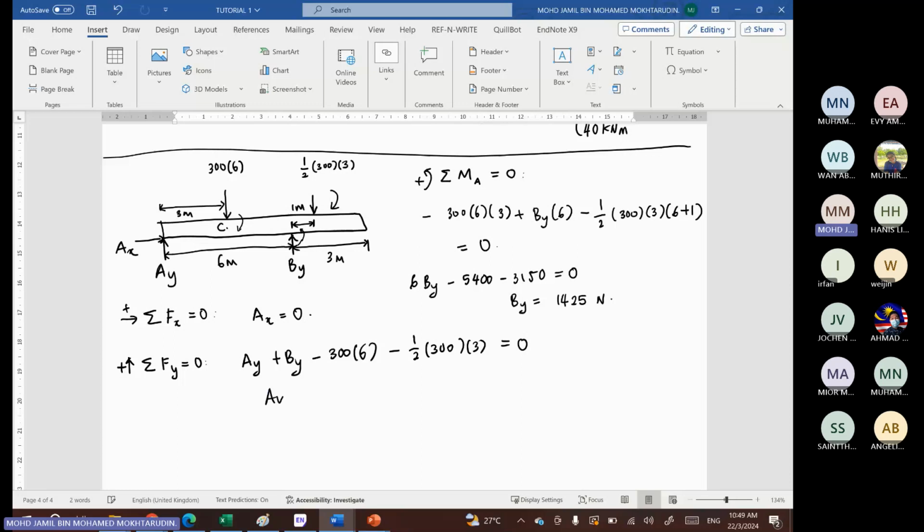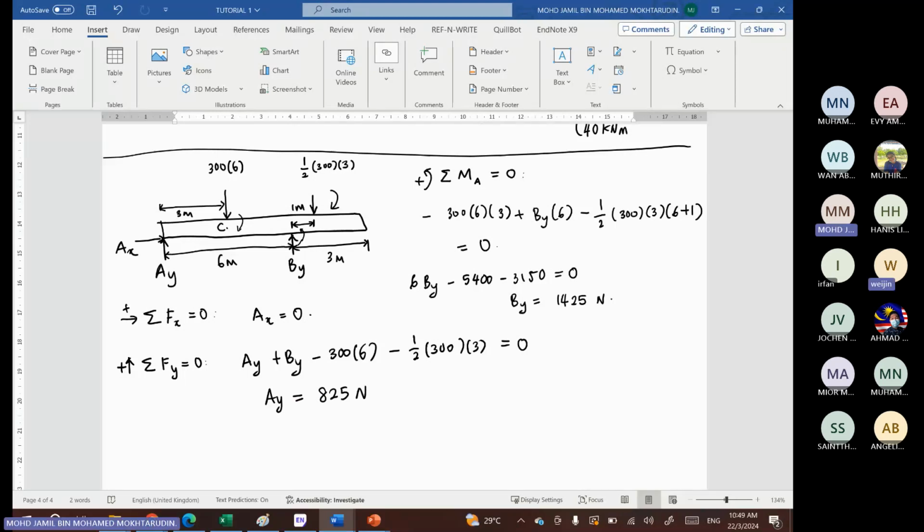So you can get Ay. So Ay equals 825 Newton or pound, okay?